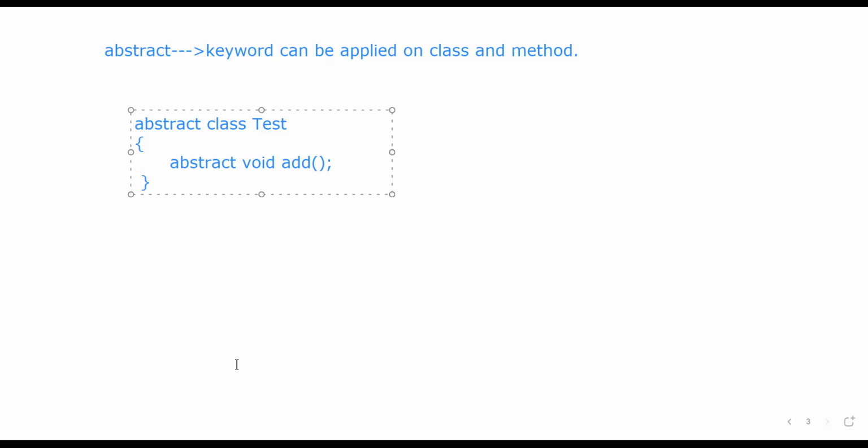Now let's come to the next point. Take it down: when a subclass inherits from an abstract class, then it is compulsory to override the abstract methods inherited from the superclass.